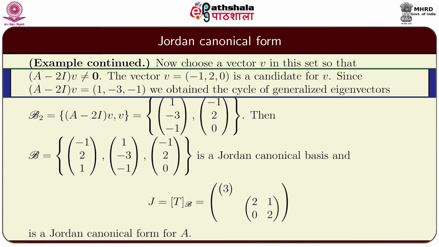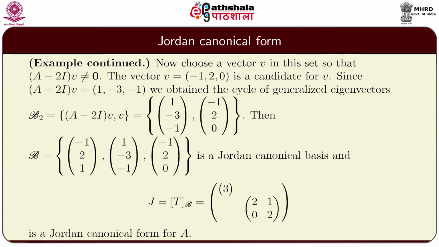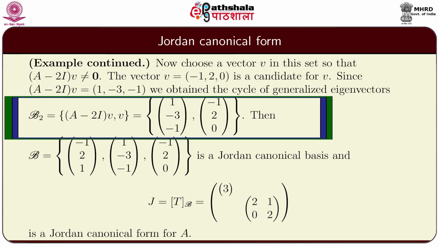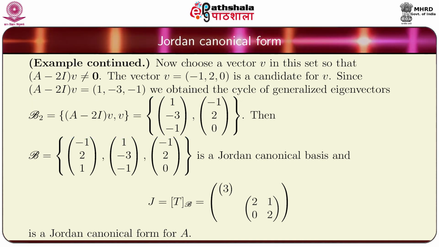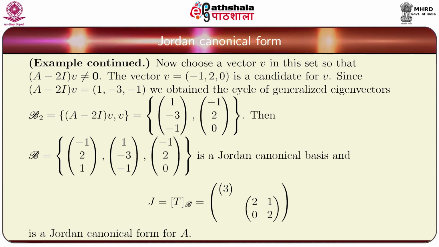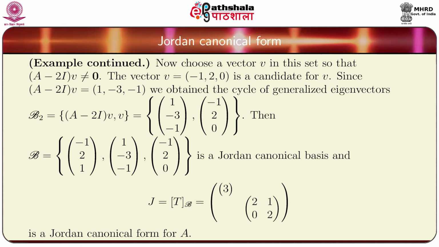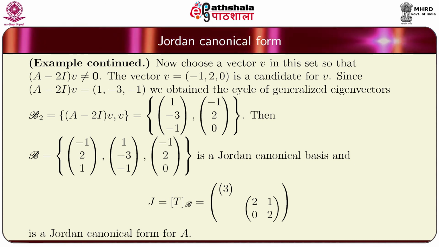Now, choose a vector V in this set so that (A minus 2I) of V is not 0. The vector V given by minus 1, 2, 0 is a candidate for V, and (A minus 2I) of V is the vector 1, minus 3, minus 1. Therefore, we have a cycle of generalized eigenvectors given by (A minus 2I) of V, V, that is the set of these two vectors 1, minus 3, minus 1 and minus 1, 2, 0.